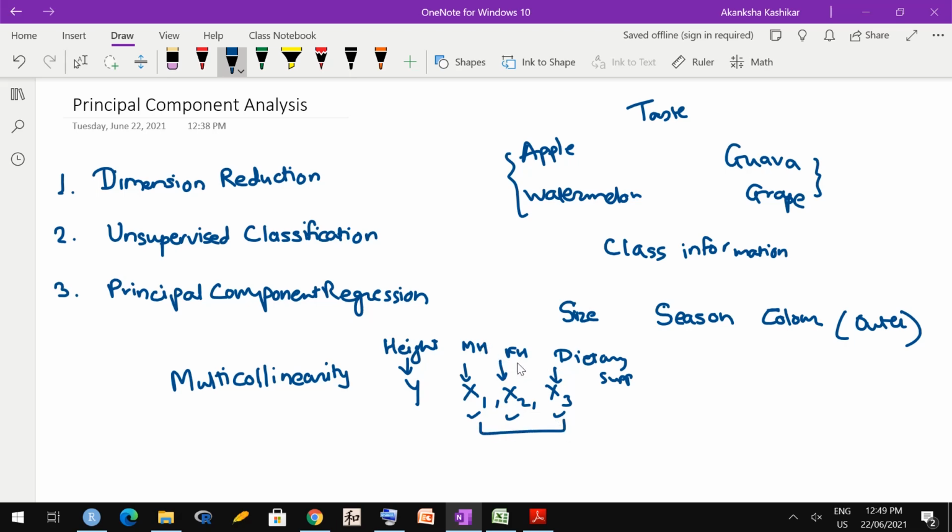For example, mother's height and father's height can possibly be correlated. People generally tend to take height as a factor while choosing their partner, right? So taller people tend to marry taller people. Hence, these variables might be correlated. So if the regressors are correlated, then that leads to a problem in regression called multicollinearity.